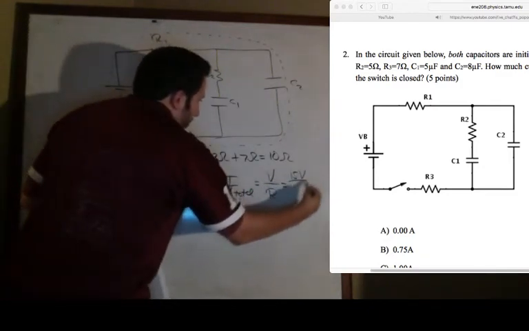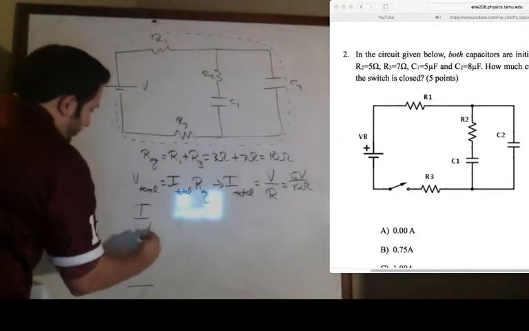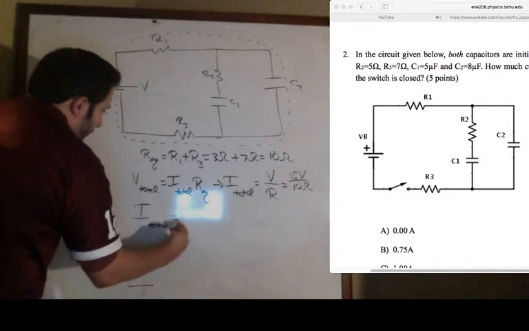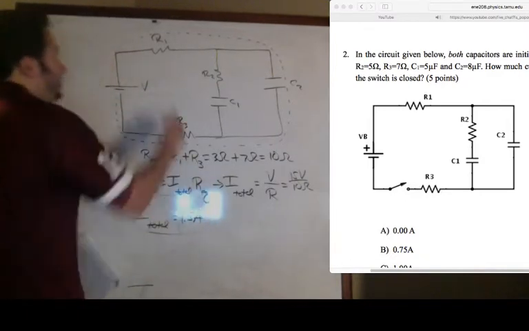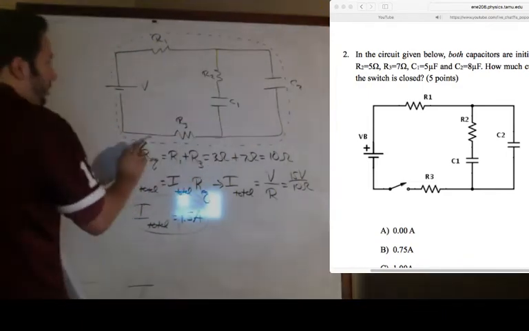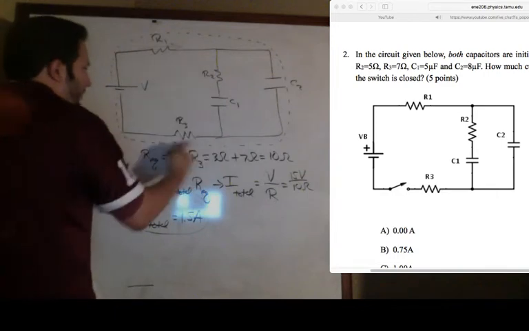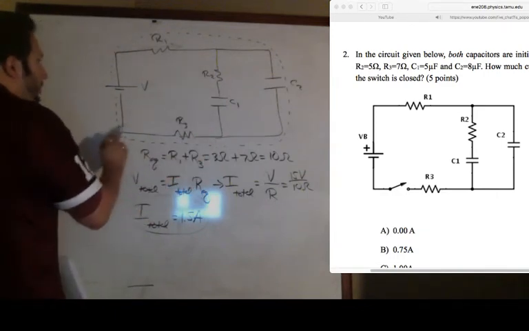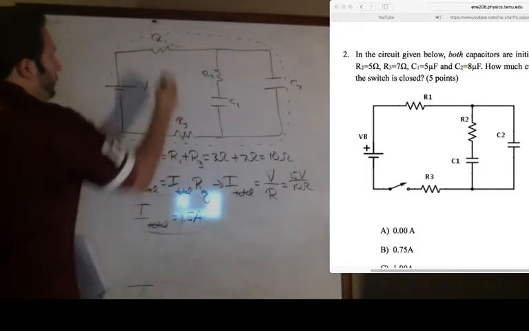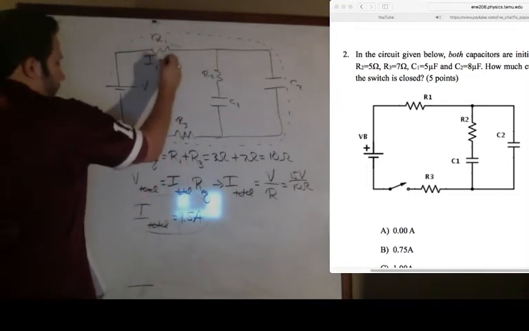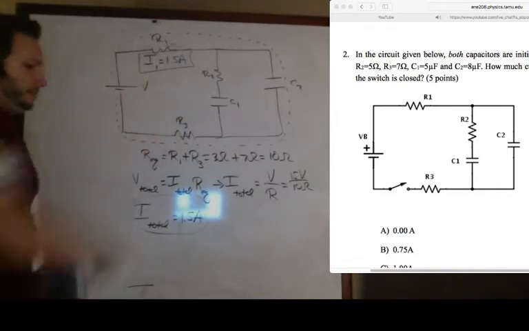We just found the Req is 10 ohms, and so the total current flowing through this is 1.5 amps. And because R1 and R3 are in series, the current that goes through R1 is equal to the current that goes through R3, which is equal to the total current overall, which is why the current that flows through R1 is 1.5 amps. That's it.